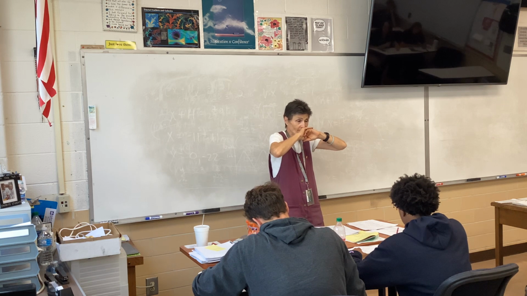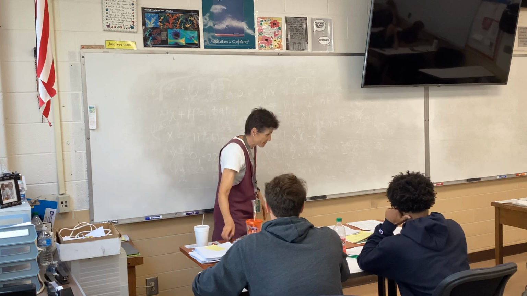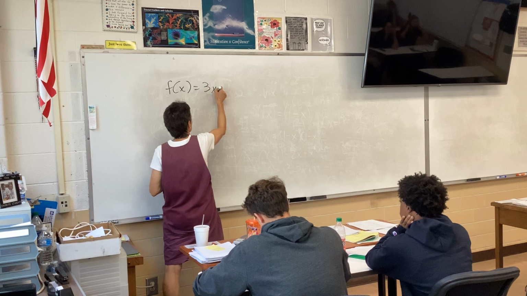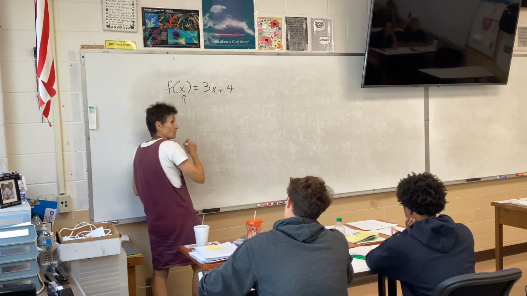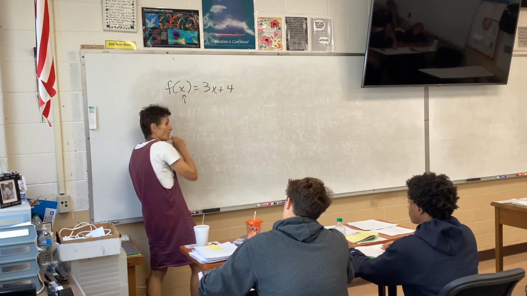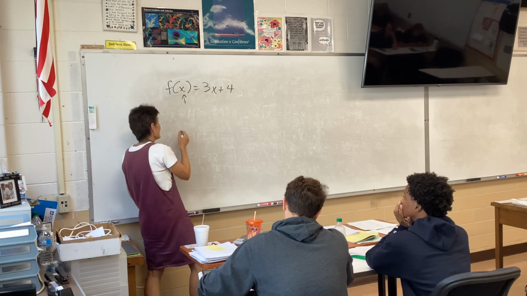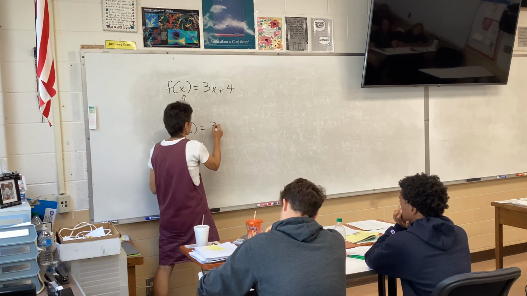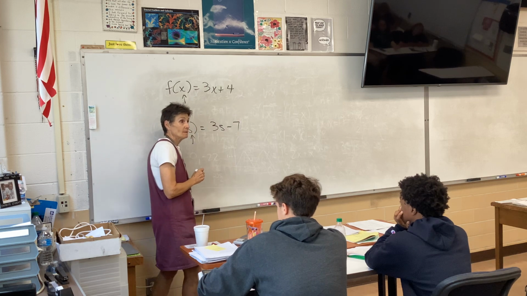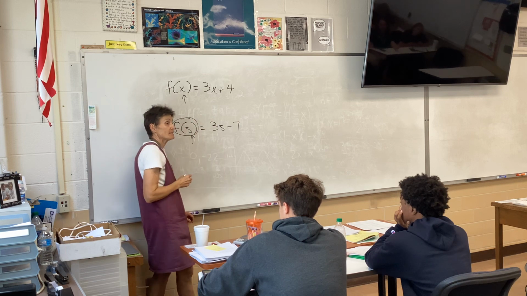In function notation, which you have seen before, these are the inputs. You're inputting that into the function. Those are also the independent variable. So if we had an equation that looked like this, s would be the independent variable, and then f of s, this is the dependent variable.